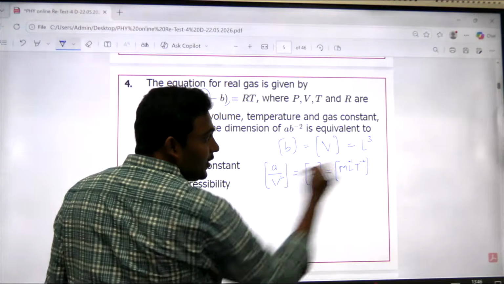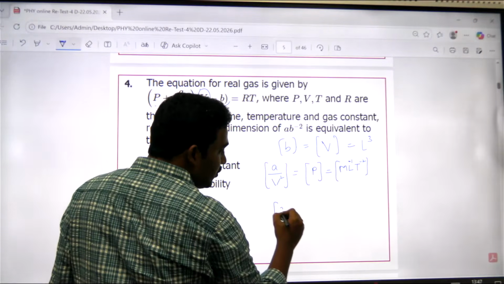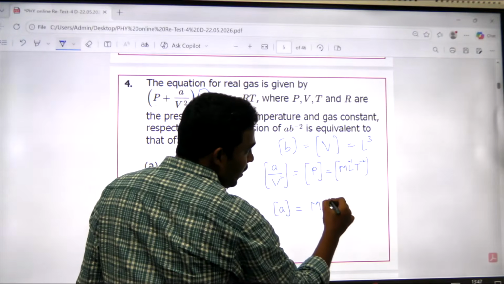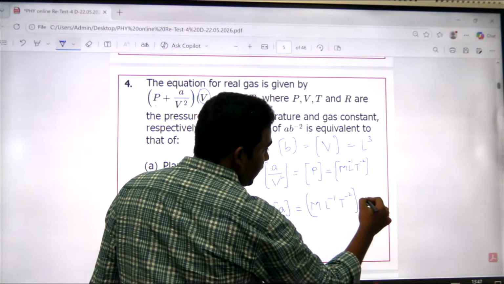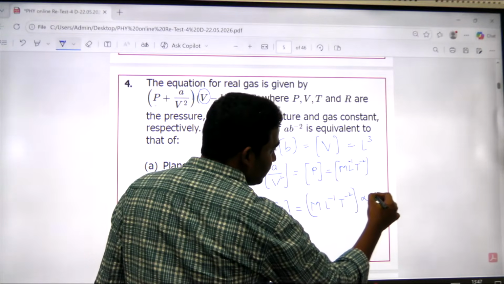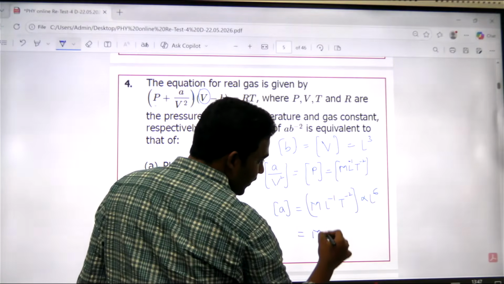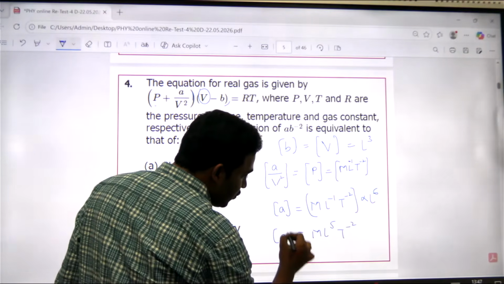If you multiply by V square, L cube whole square is L power 6. So the dimensions of a would be equal to M into L^-1 into T^-2 into L^6, which implies M L^5 T^-2 is the dimensions of a.